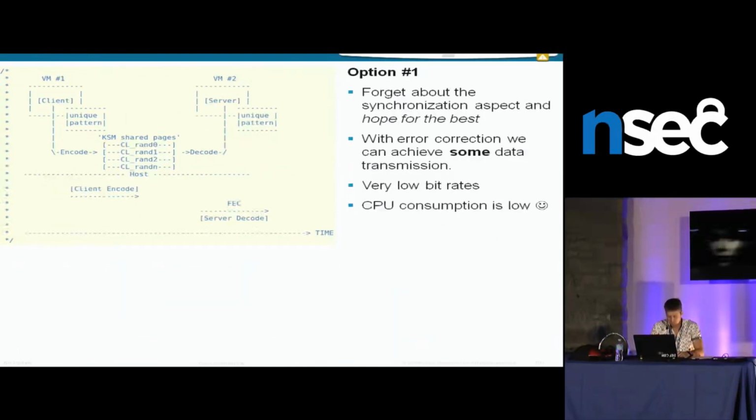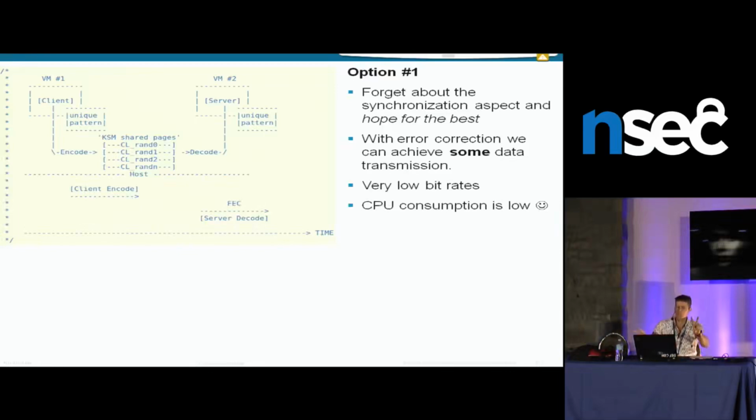Okay, so there are a couple of options that I thought through. One of them is basically, okay, I'm going to forget all about that synchronization aspect because it looks pretty complex to solve. And with error correction set to the roof, I can probably achieve some transmission.